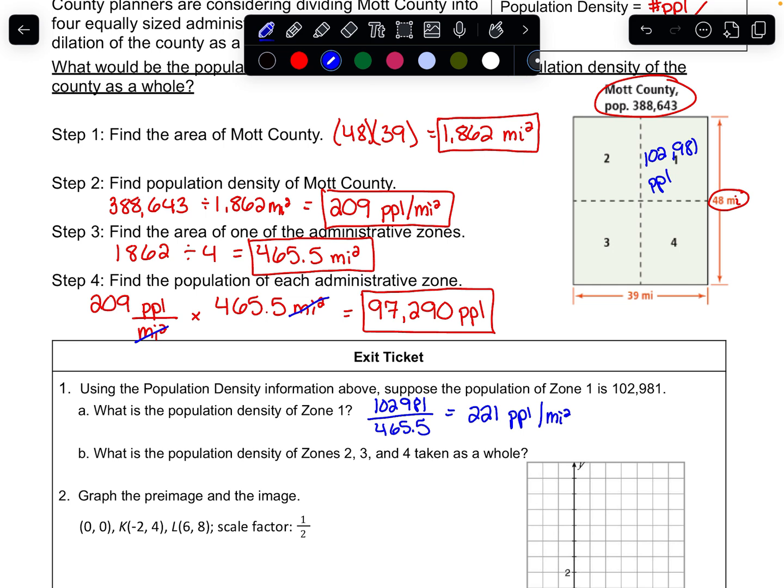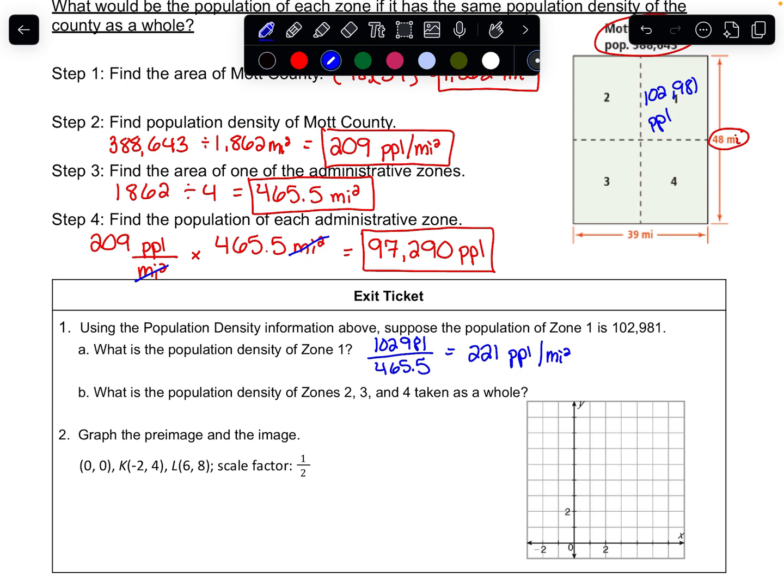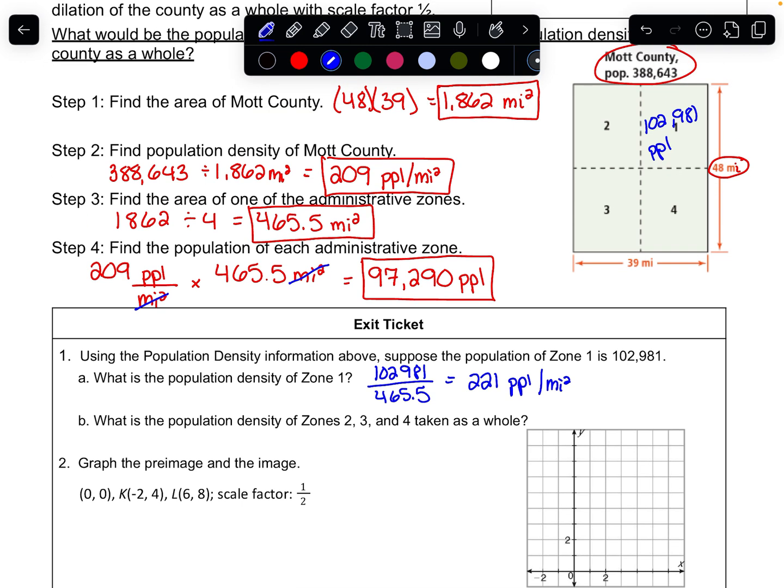So then what would the population density of 2, 3, and 4 be if we take that as a whole? So the population, let's just start there. The population would be 388,643 minus 102,981. That gives us a population of 285,662.